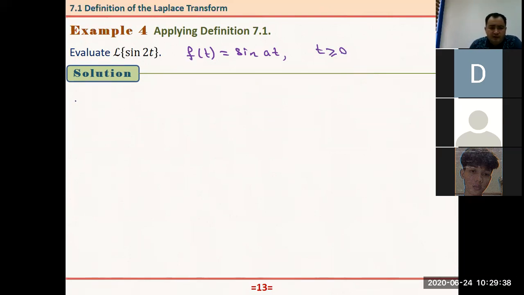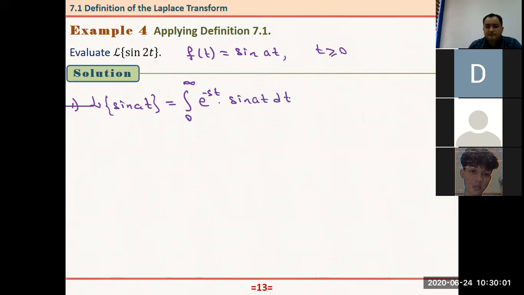So now if you evaluate this, the first step, the Laplace transform of sine at. That is equal to, by the definition, the integral from 0 to positive infinity, right? Here we have e to the power minus st times our function f of t, that is sine of at dt. Okay. So again, how can I evaluate this integral? By again, integration by parts.